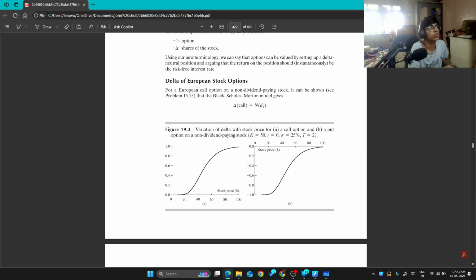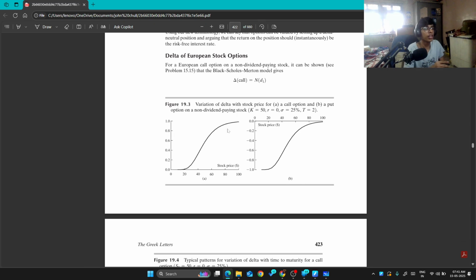So variation of stock delta with stock price. Let's say strike price is at 50, right? The delta becomes positive for a call option. If delta is positive, that means we have to sell our underlying position.